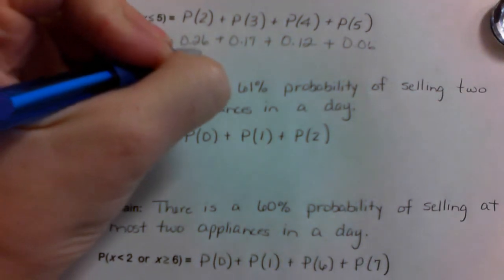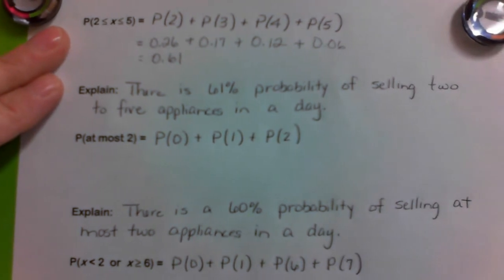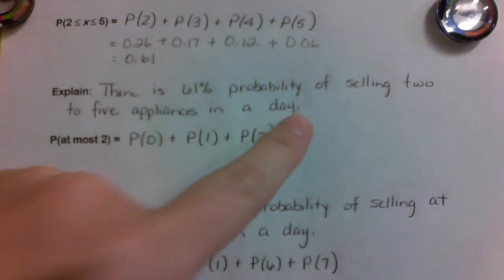Now remember, when we're asked to find the probability, we leave it in decimal form, and it's a number between 0 and 1, so I know I'm okay on that. Then, if or when you're asked to explain your answer, it is wanting you to give a complete sentence form. So that means a capital letter, period at the end.